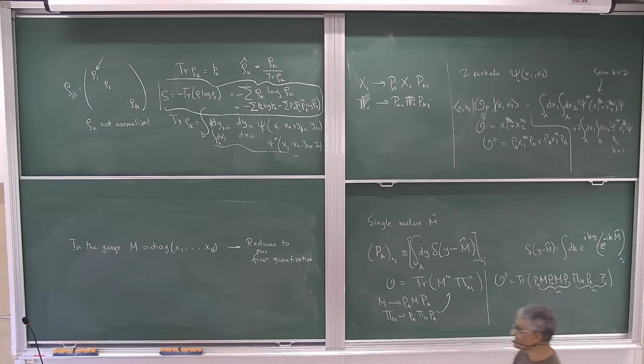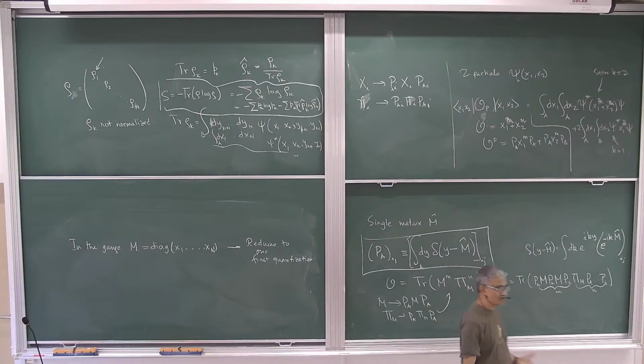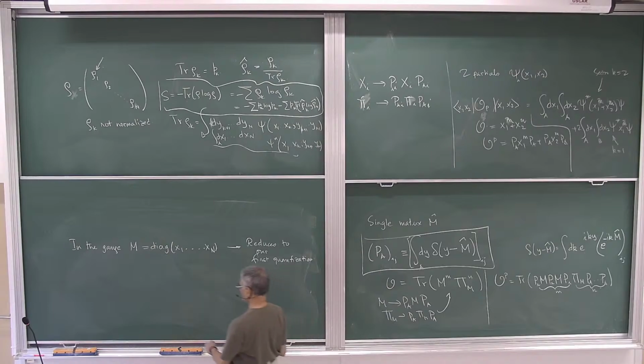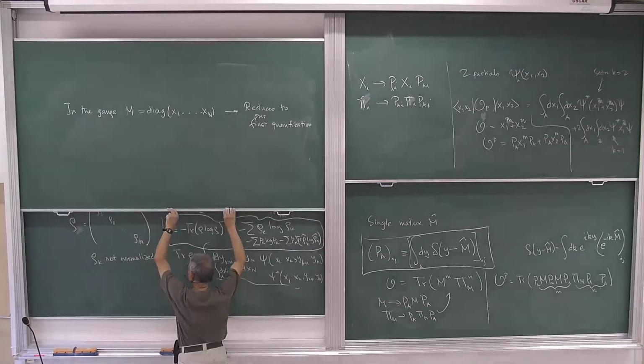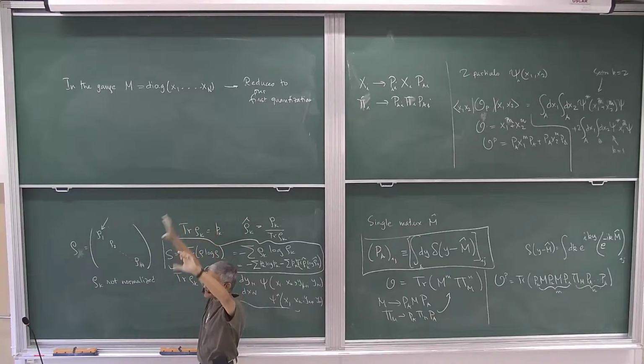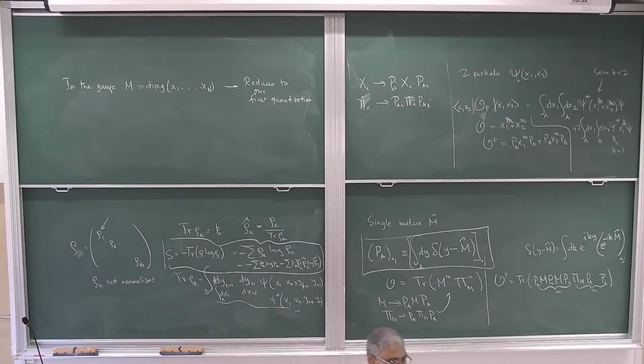Okay? So now we are ready to embark onto multiple matrices. This formula has to be thought about differently if you have multiple matrices. What is this M? The calculations haven't been done in what I'm going to say, but it has been done in simpler situations.